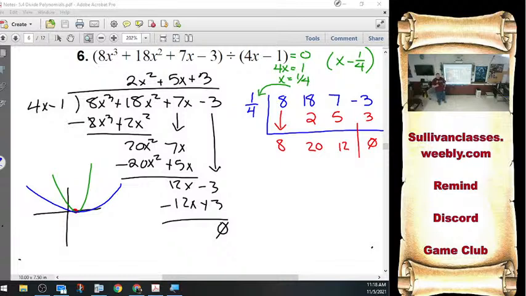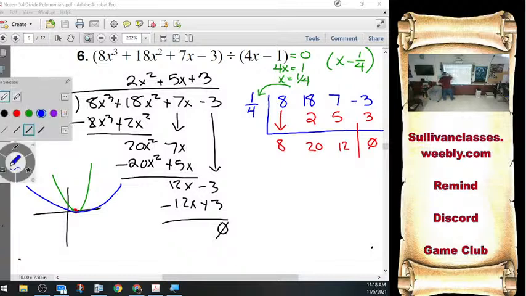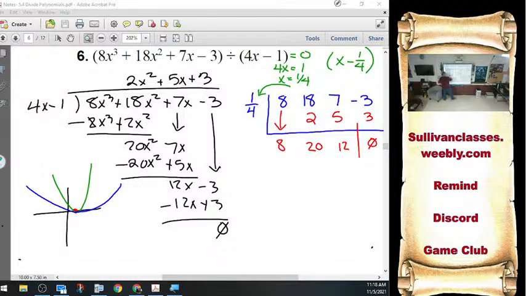To take care of that, this is a big note, and this is not in our book. They just expect that you're going to know this. If I'm ever dividing by something in the form of ax plus b, I also need to divide my answer by a.